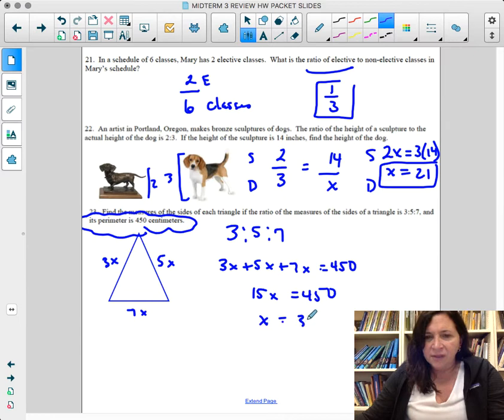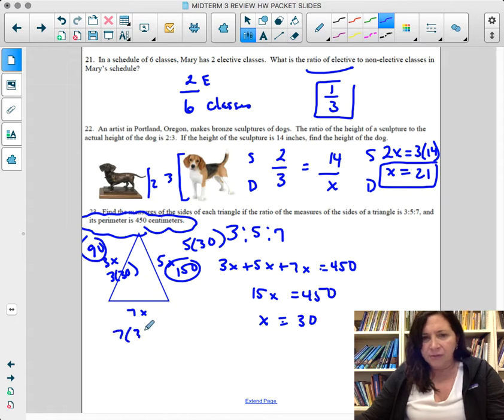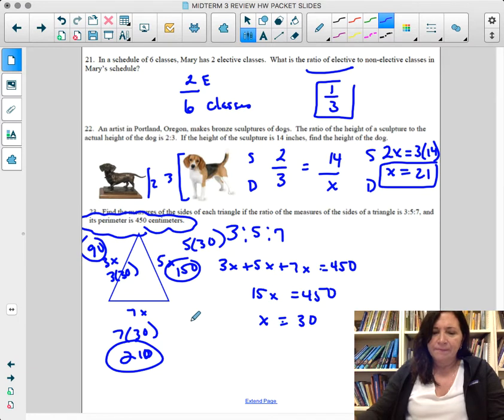I get x is equal to 30. So that means this length of this side, so we've got 3 different sides, right? We have 1 is 3 times 30. So the length of side 1 is going to be 3 times 30, which is 90. Then we have 5 times 30, which is 150 centimeters. And then we have 7 times 30, which is 210 centimeters. Cool.